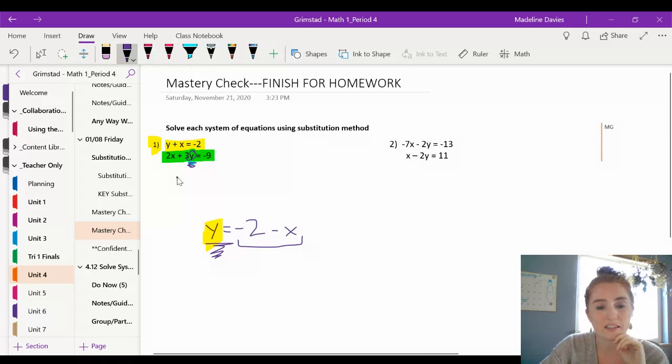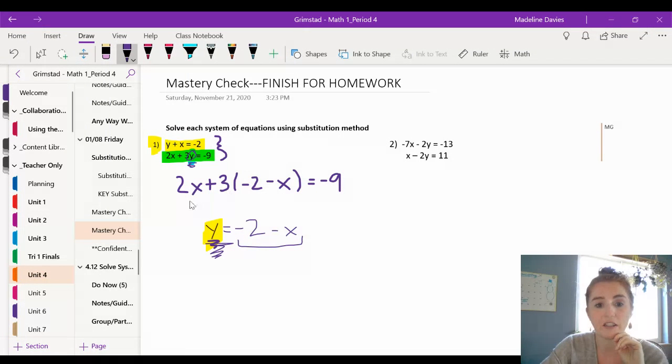I have 2x plus 3, up here it's 3y, but I know that y is equal to -2 minus x, because we just solved that, equals -9. We're marrying these two equations together into one long equation.